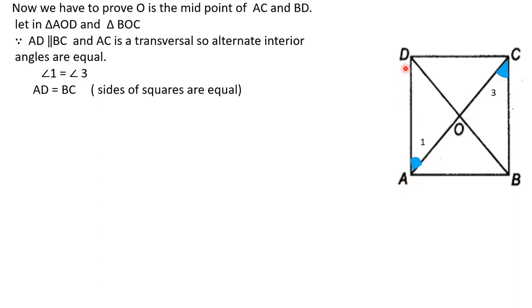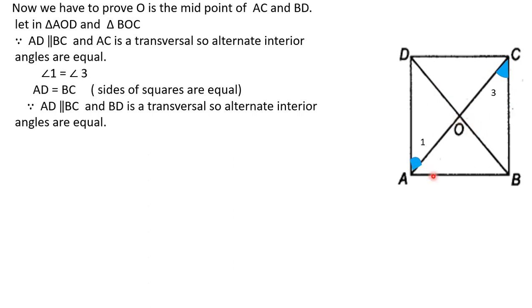Also, this side AD is equal to side BC as they are the sides of square and they are equal. Again, we have AD and BC are parallel lines and this BD is the transversal. So we have alternate interior angles are equal, that is angle 2 is equal to angle number 4.